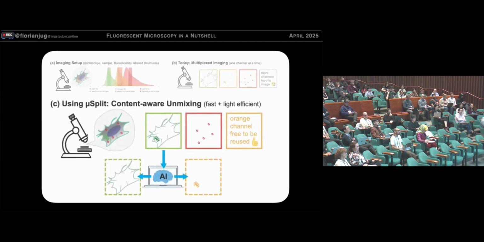But since we can now train really strong structural priors, we thought, maybe we can actually get to convincing solutions, even if we put 2 structures that look sufficiently different into one channel, acquire them together in one single image, and then use a suitably trained AI method to tell these 2 channels apart. And then we have a free channel, which we can either not use and image gentler, less photon exposure, make better use of our photon budget, or we can image a thing more.